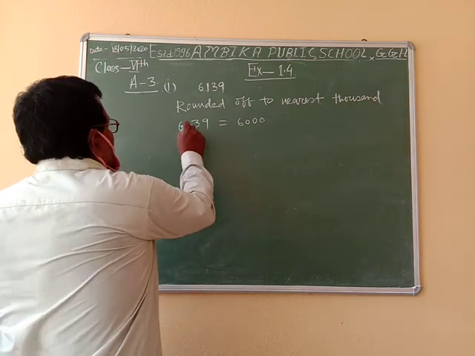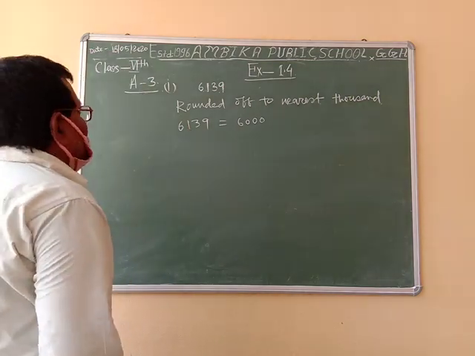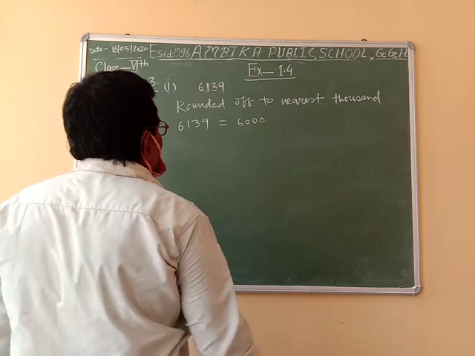Hence the estimated number, the rounded number, is equal to 6000.